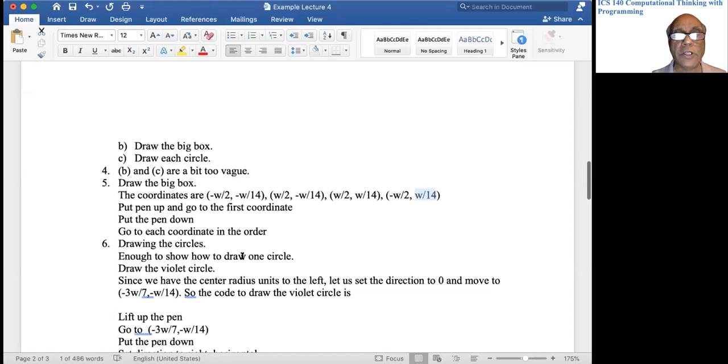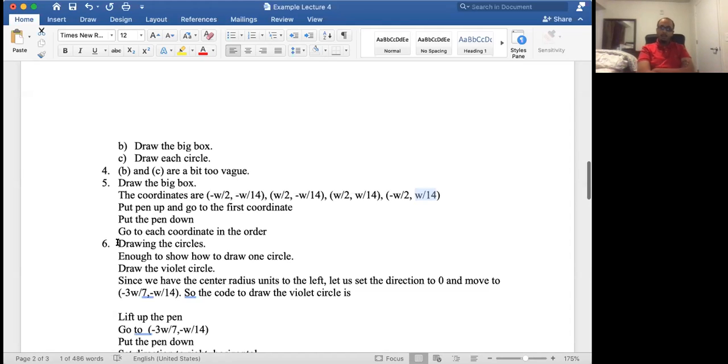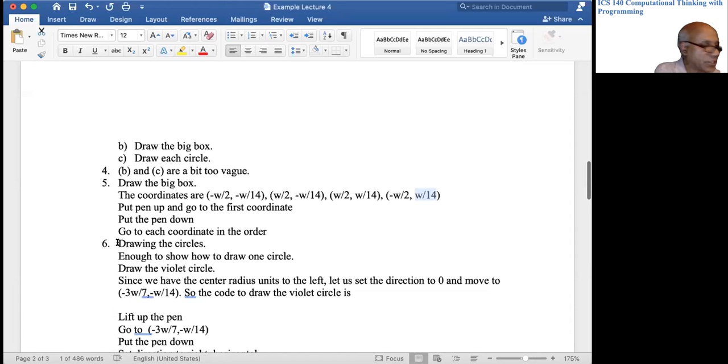That is the reason. Now, drawing the circle, let me show you some stuff related to circle drawing, which may not be very clear. I think I explained that in a video too, but let me refresh that knowledge for you.